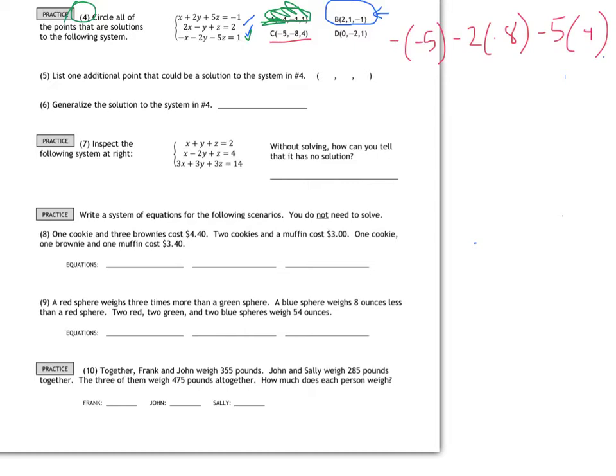So be very careful. We have 5 plus 10 minus 20, which does not seem to work. Let's just double check it and make sure. We had a negative 5. We had a negative, oh, that's not 10, that's 16.